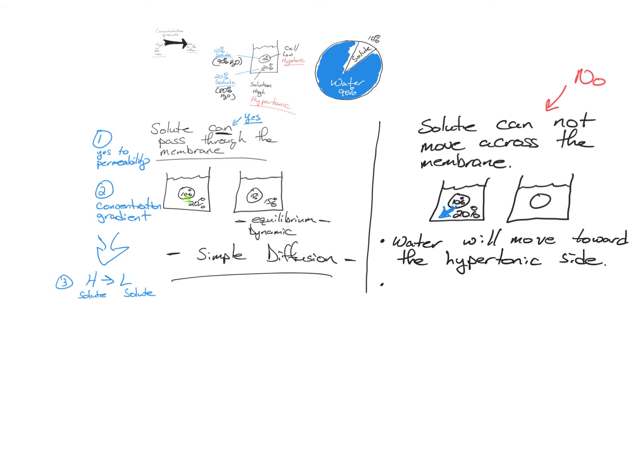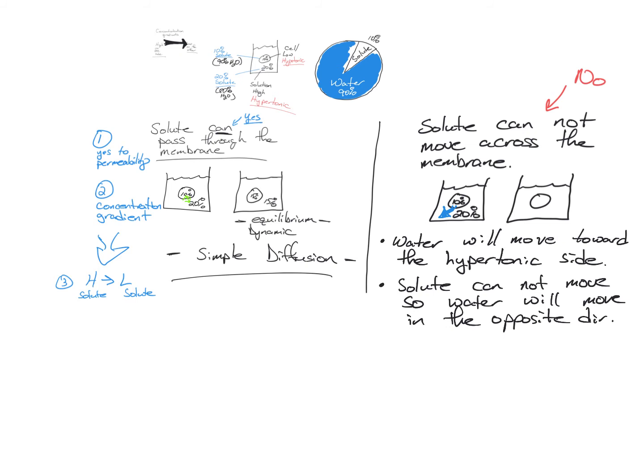So then the second way, which I think is a little better, a deeper understanding, well, I don't know if it's better, but it's certainly deeper understanding: if the solute cannot move, water will move in the opposite direction that the solute would have moved if it could.